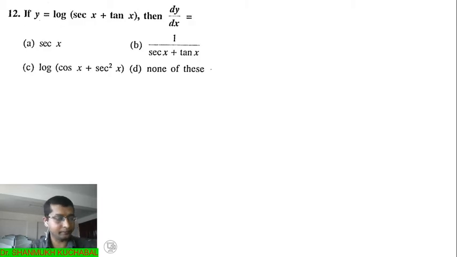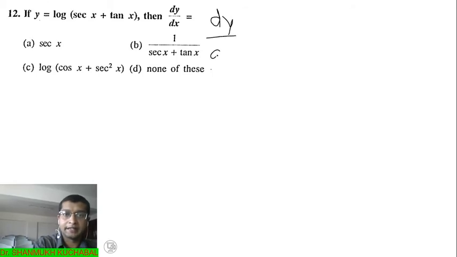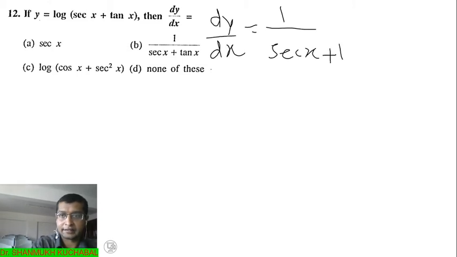Next example, if y equal to log of sec x plus tan x, then dy by dx equals? So we have to find the differentiation, dy by dx. Further, log of f of x is 1 divided by f of x, so 1 divided by sec x plus tan x.